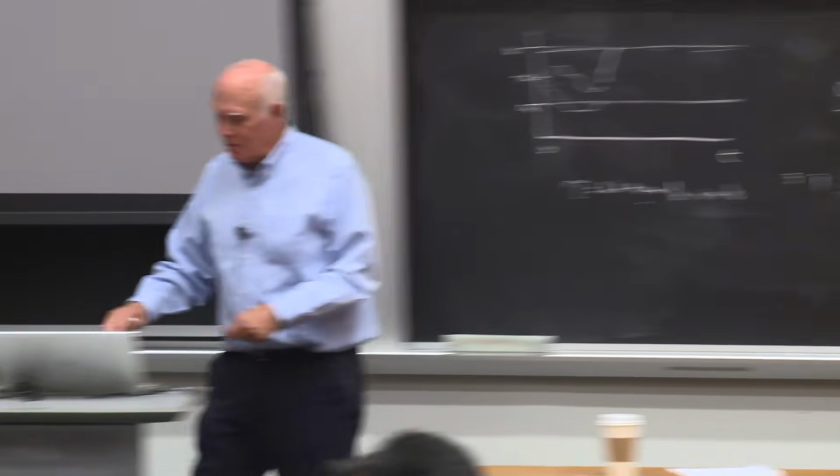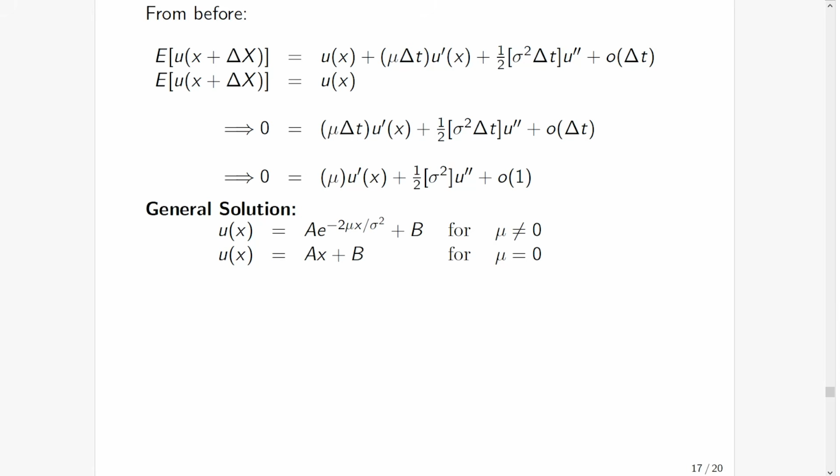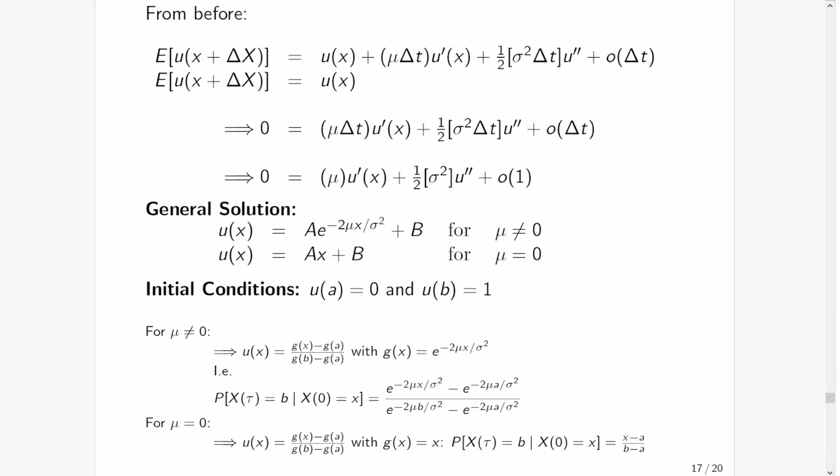So let me go to the notes here. Well, we basically get u is equal to ax plus b if mu is equal to 0. And it's equal to this constant a times e to the minus 2 mu x over sigma squared. All right, well, this general solution has to satisfy the initial conditions. U of a is going to equal 0, and u of b is going to equal 1.